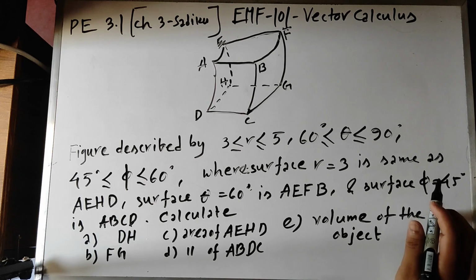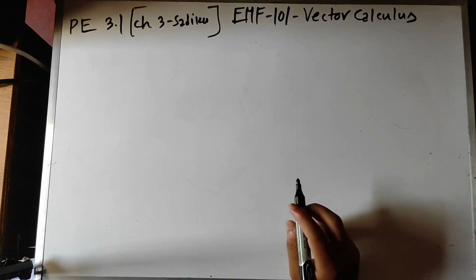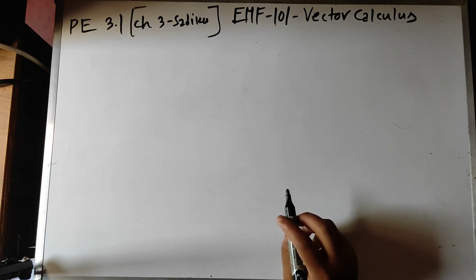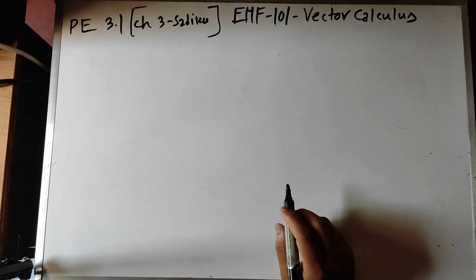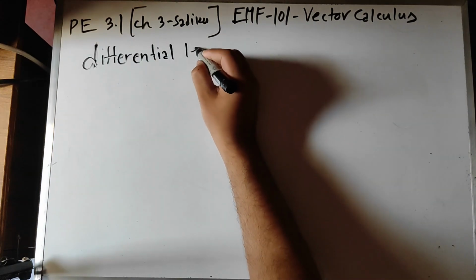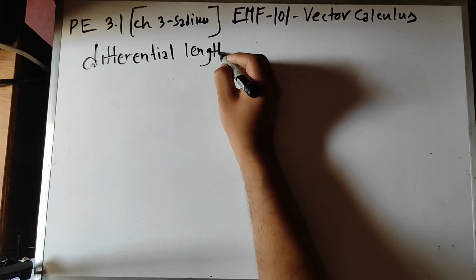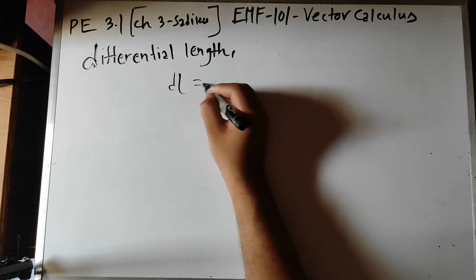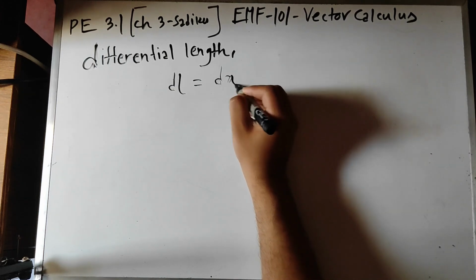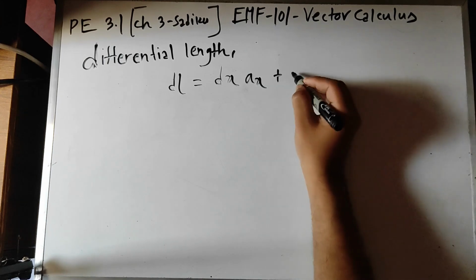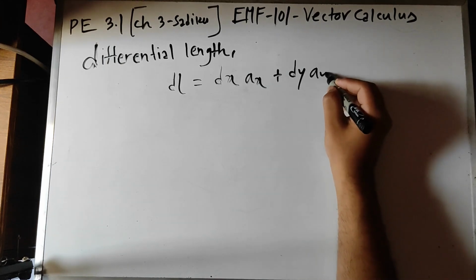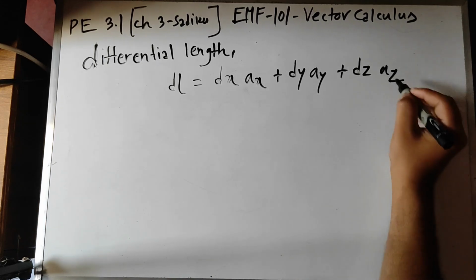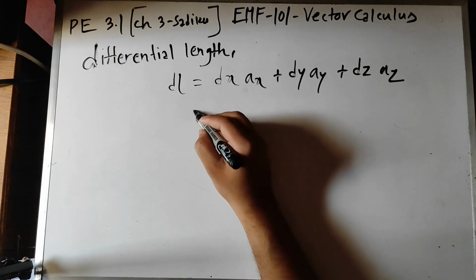So let's get started. Before we start solving the questions, let us first understand what differential length, differential surface, and volume mean. Differential length dl equals dx ax plus dy ay plus dz in the direction of az. This is in Cartesian.